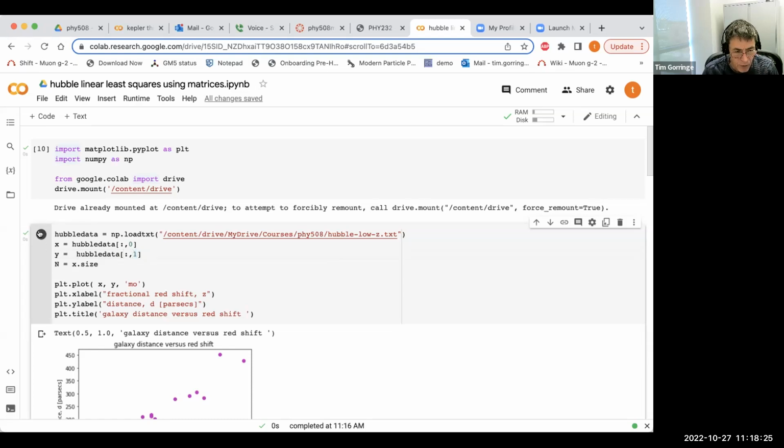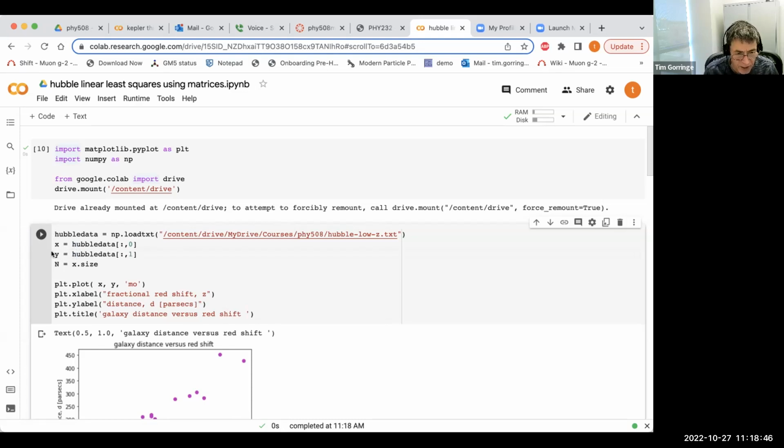And so if I execute this cell, I read in the file, and then I'm going to strip out for my independent variable, the first column, that's the redshifts. I'm going to strip out for the second column the distances to the galaxies.